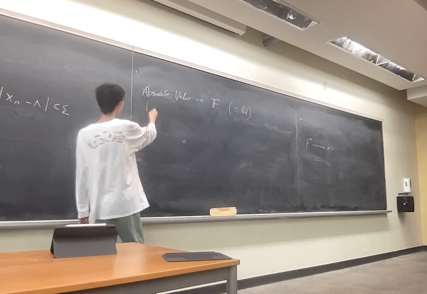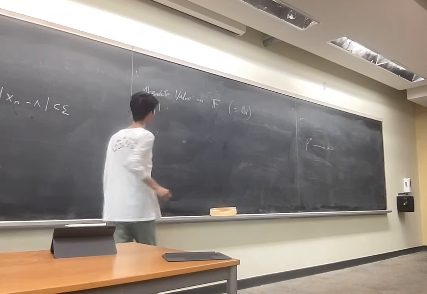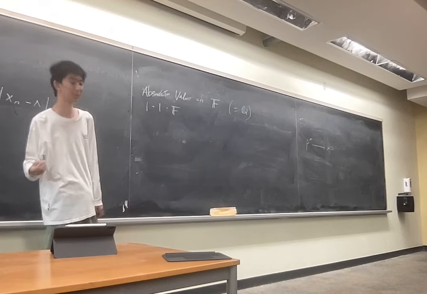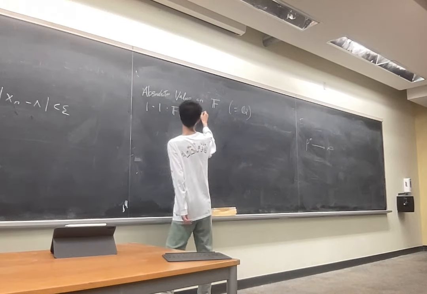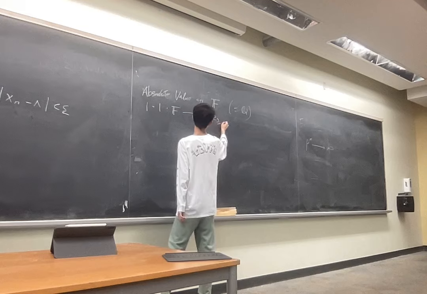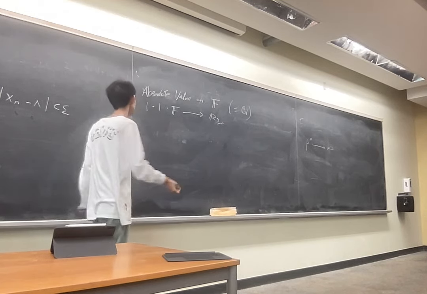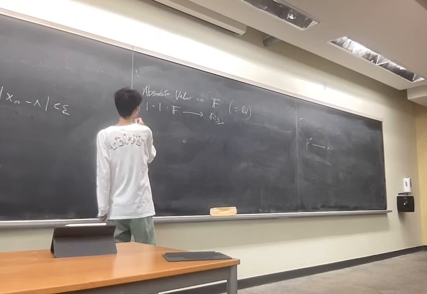So the function is something defined from F, takes a number in F, and we want to map to R non-negative, right? We want the absolute value to be non-negative. Good. So that's the first one.